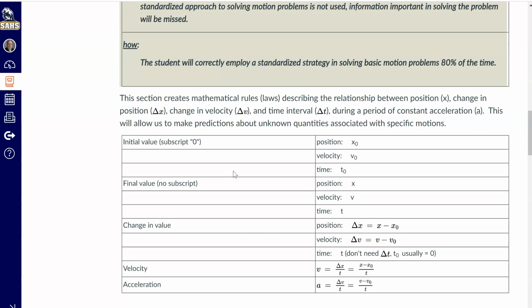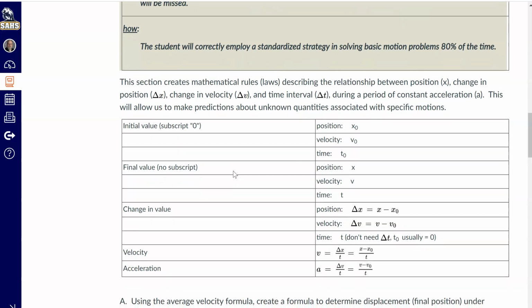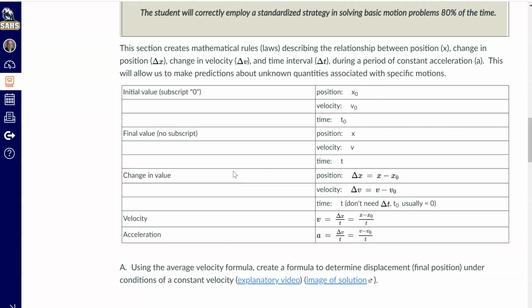So this section creates mathematical rules that describe the relationship between position, change in position, change in velocity, and time interval during a period of constant acceleration. So that's our only two types of motion. Either I'm accelerating constantly or I'm not accelerating.